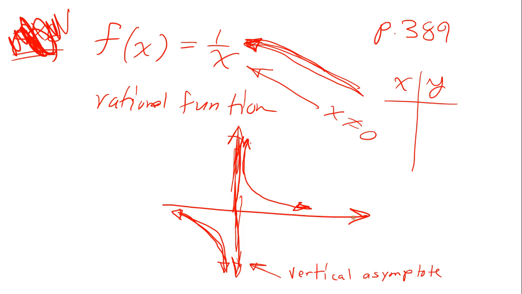And you notice the same thing happens. This is the x-axis, this is the y-axis. You notice the same thing happens along the x-axis basically. And it's horizontal, so this is the horizontal asymptote.